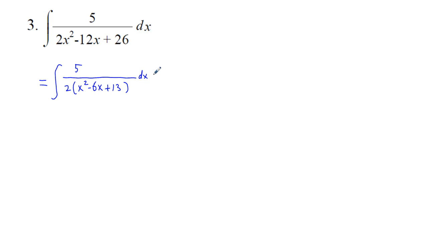And then what we can do is pull out the 5 over 2, so we have 5 over 2, the integral of 1 over x squared minus 6x plus 13 dx.